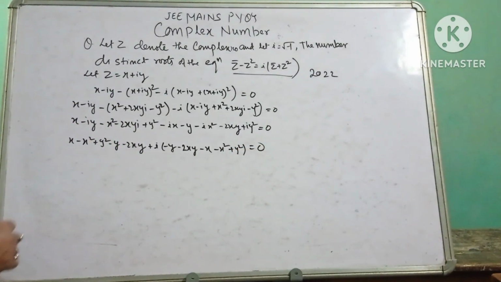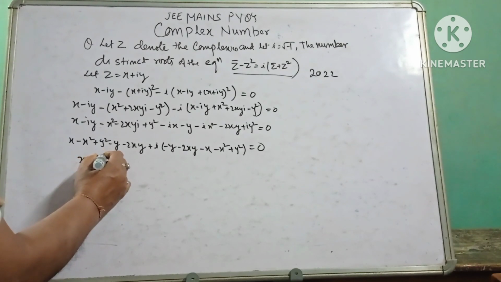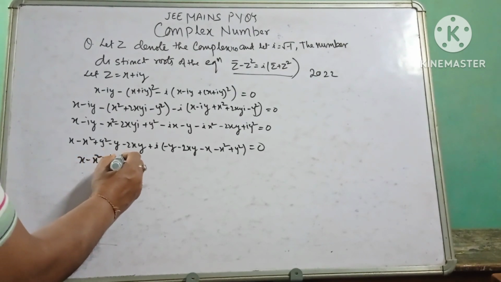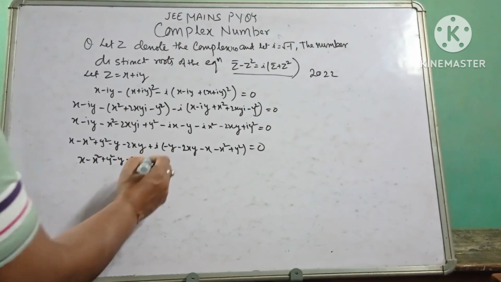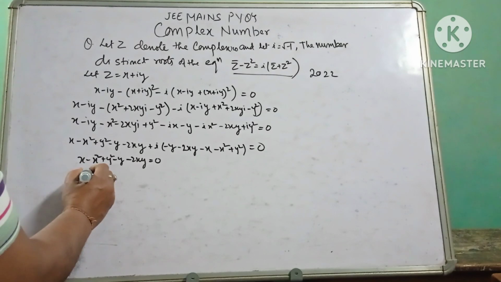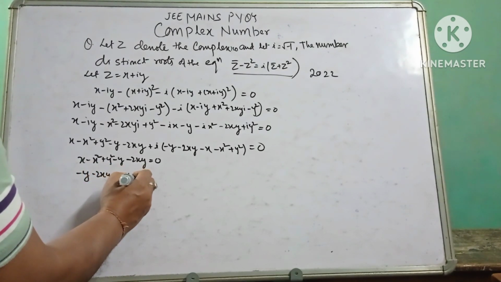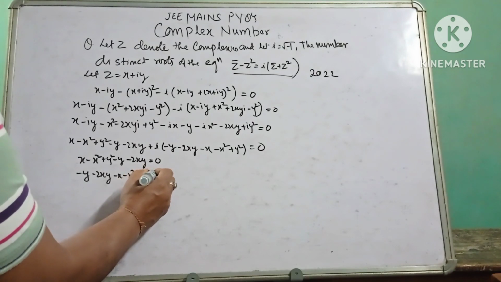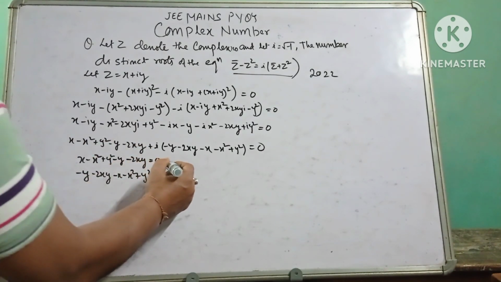Now because it is 0, your real part is also 0: x minus x square plus y square minus y minus 2xy equal to 0, and your imaginary part is also 0: minus y minus 2xy, x minus x square plus y square is 0. Now these are the two equations.